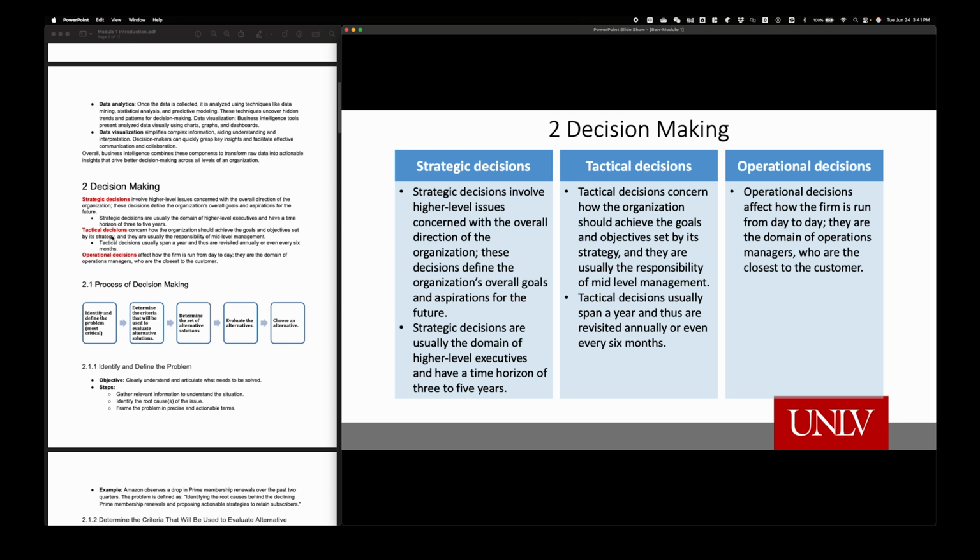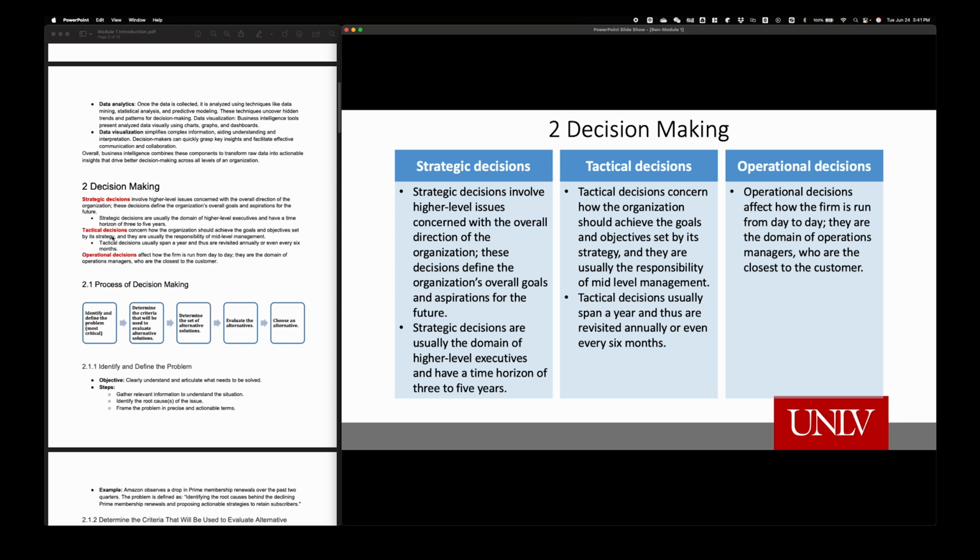Strategic decisions are usually the domain of high-level executives and have a time horizon of 3 to 5 years. For example, Amazon decides to expand its business into cloud computing services through Amazon Web Services, which is AWS, aiming to become a leader in global tech infrastructure.